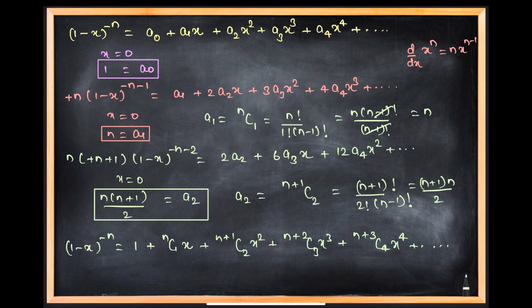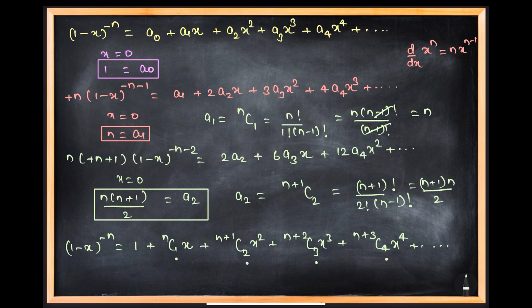Okay, now you can handle any situation. So you have to try to memorize this result. The first term will be 1 only, and then the coefficients start from 1, 2, 3, 4, and the same thing will be the power of x.